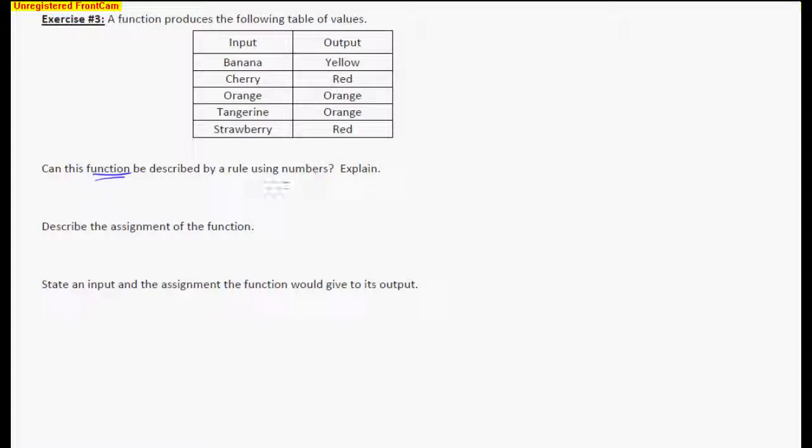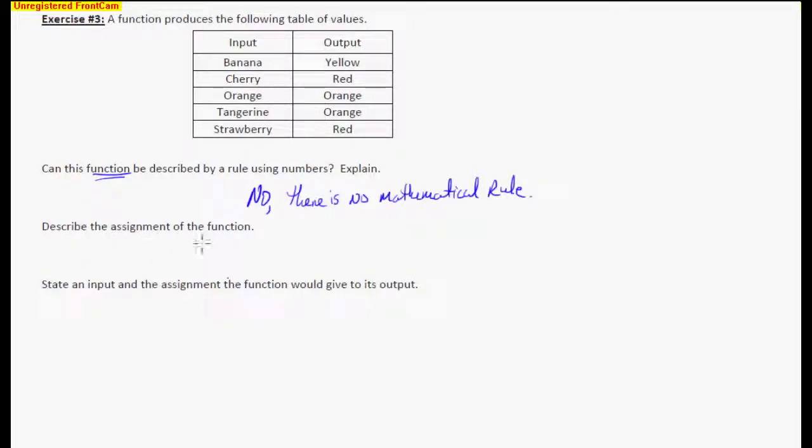So it still is a function, because each one of these inputs only assigns to one output, but we're going to say no, because there is no mathematical rule here. So I'm going to put no mathematical rule that describes this situation here.